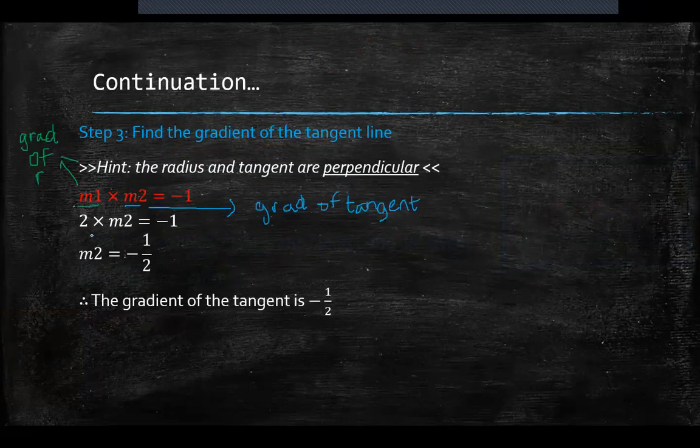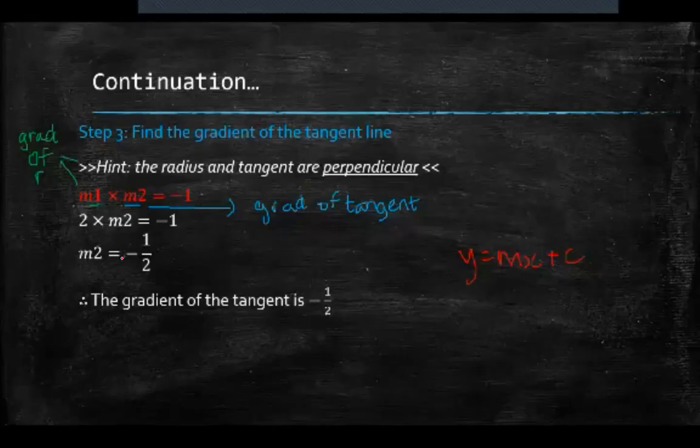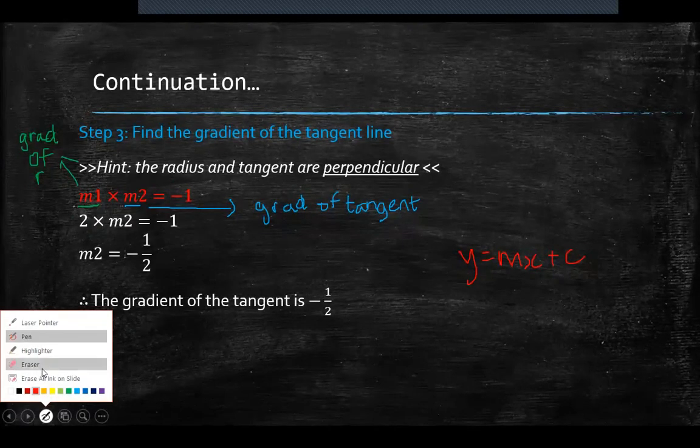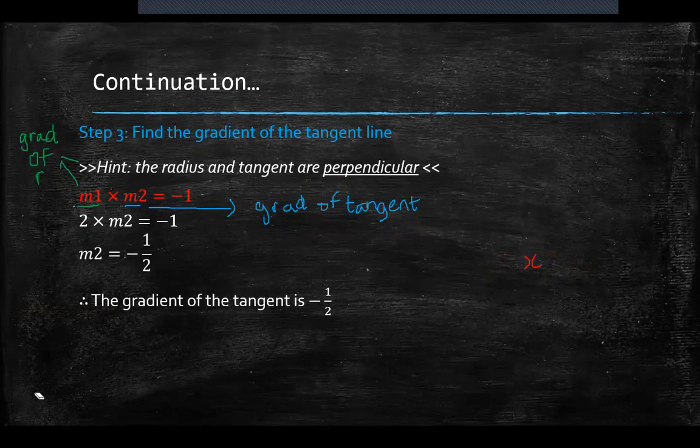So 2 times m2, which is the gradient of the tangent, would give me -1. So now we need to find out what the gradient of the tangent is, because we need it in the form y is equal to mx plus c. And to do that, we need to divide by 2 on both sides. This is just transposing. Let me write it out.